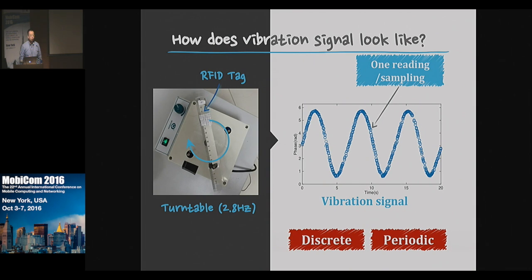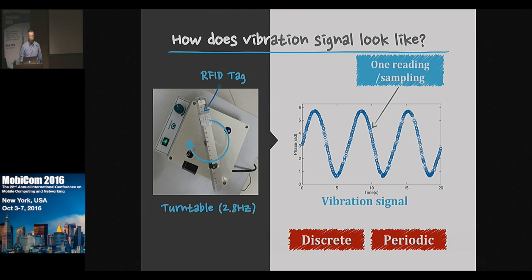Our idea is very simple. We attach an RFID tag on the vibrating surface. The vibration displaces the tag within a small range and results in a regular change of the backscatter signals. We can achieve the vibration context, like the frequency or period, by designing such a pattern.